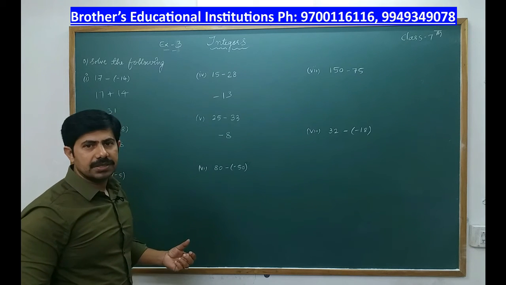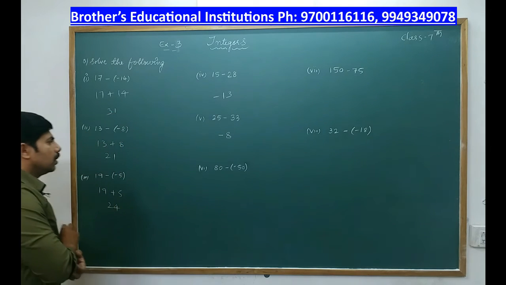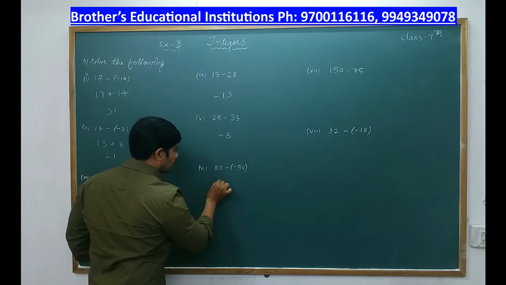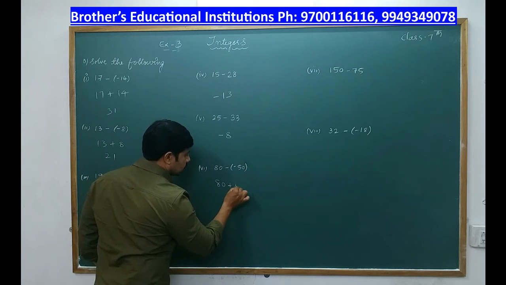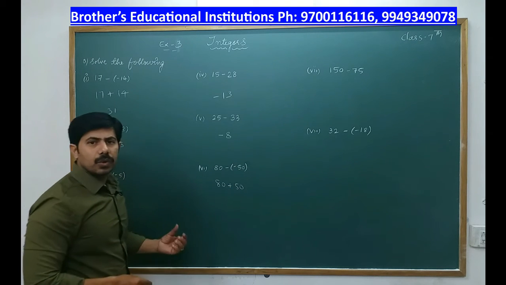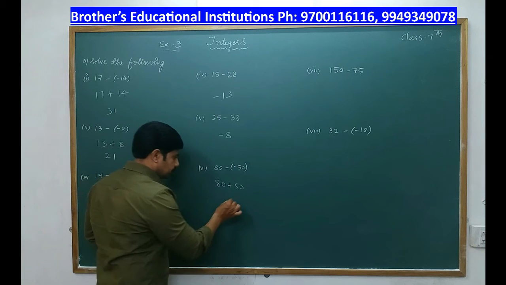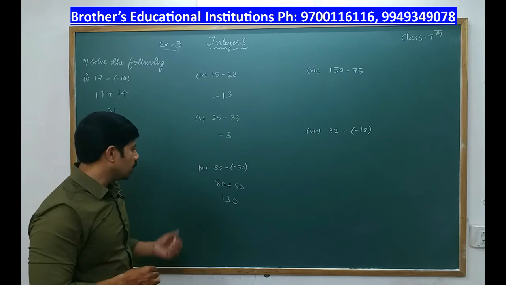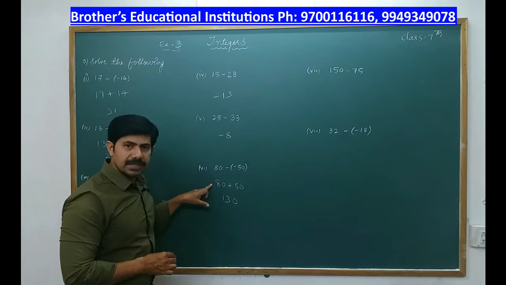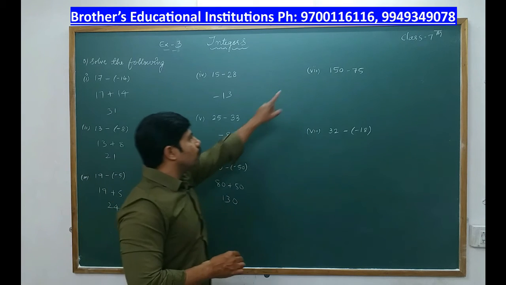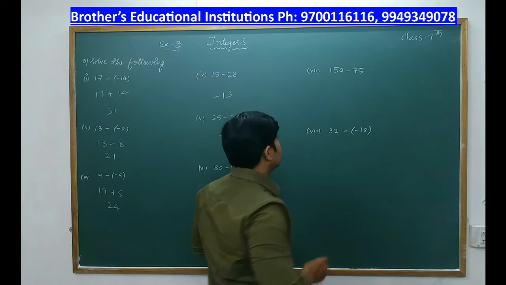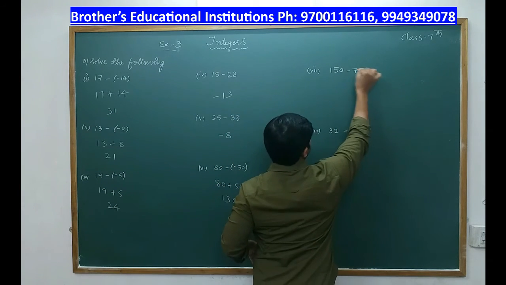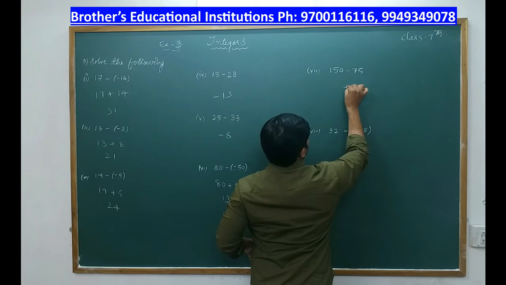Answer is minus 8. Then we have 80, minus into minus is plus, so 80 plus 50, it is 130. So 80 is the bigger number, it is having a plus sign, so plus 130. Now we have 150 minus 75, so subtract these two, we get 75.